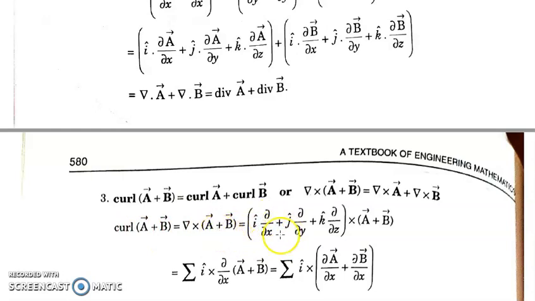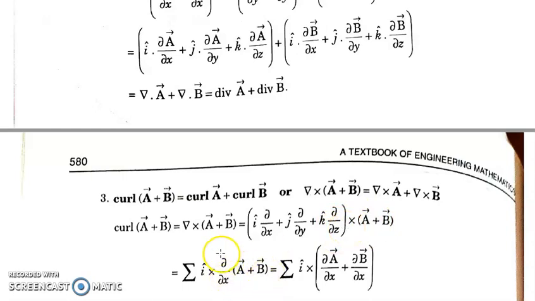Del is i dou by dou x plus j dou by dou y plus k dou by dou z, cross (A plus B). So this is equal to i dou by dou x cross (A plus B), plus j dou by dou y cross (A plus B), plus k dou by dou z cross (A plus B).